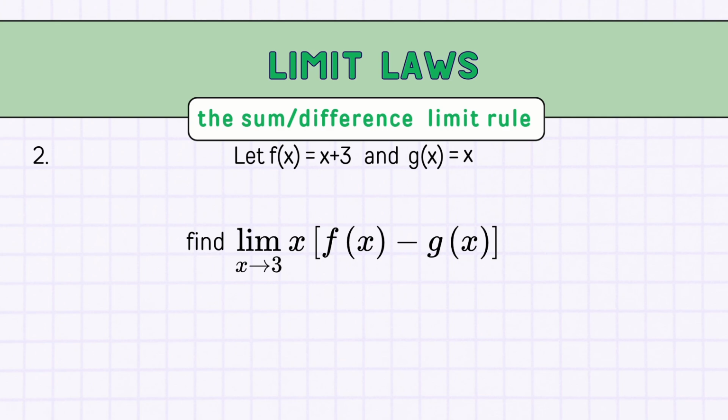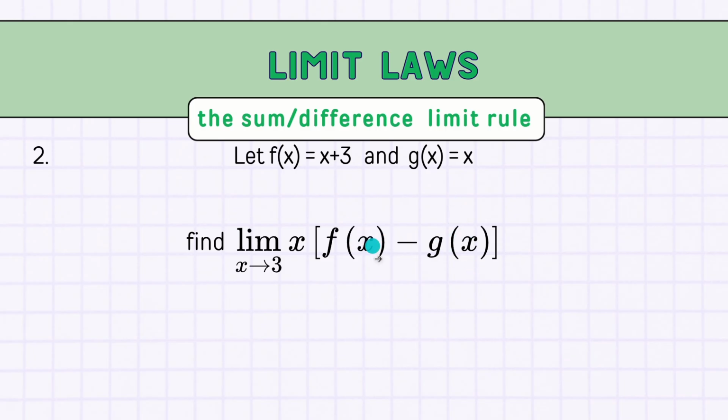Now, what if we are given a minus? We can use the difference limit rule. For this one, we have the function f of x equal x plus 3 and the function g of x equal x. Let's substitute x plus 3 into f of x. So x plus 3 minus g of x, which is x.